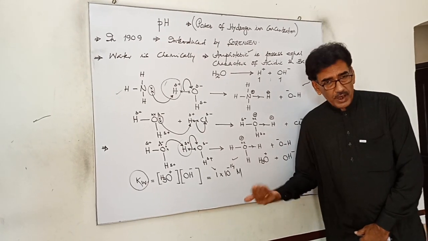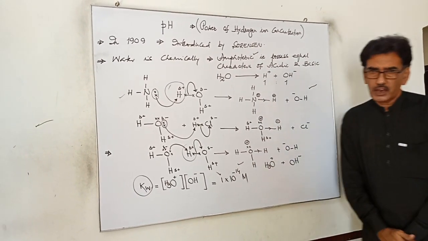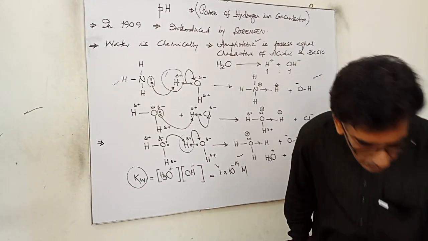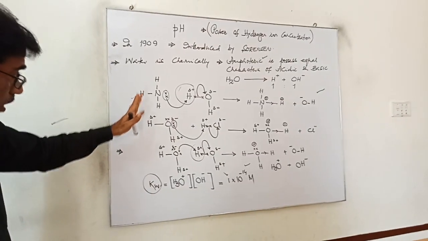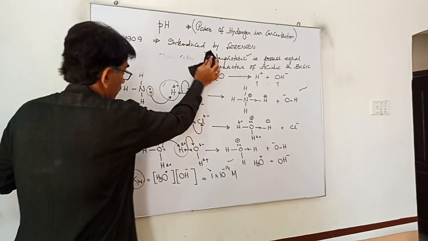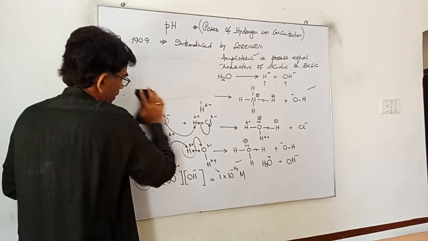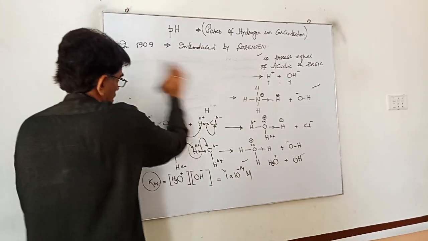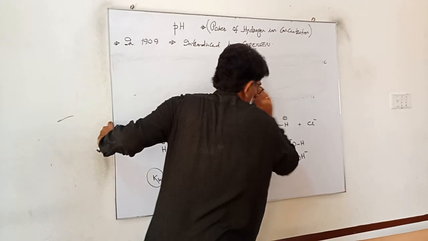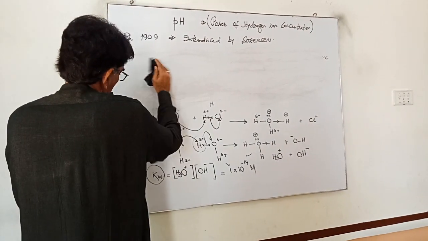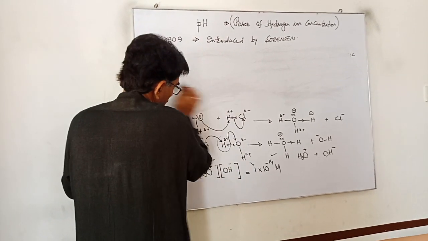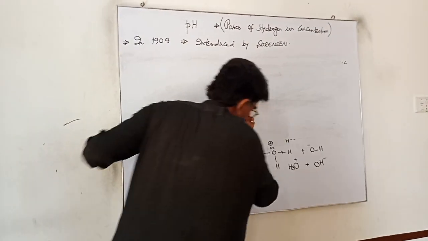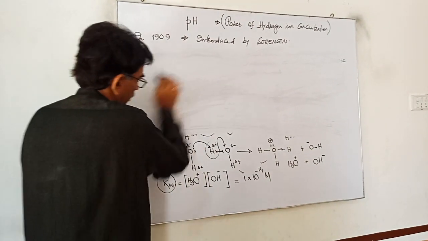In that pH we have to express the important aspects. So now in the second part, hydrogen and hydroxide ions are to be taken from the previous activity.